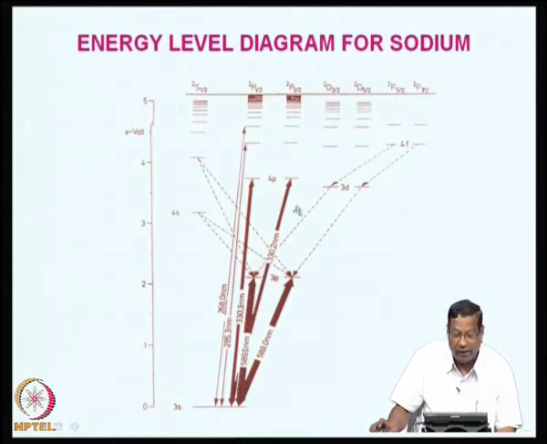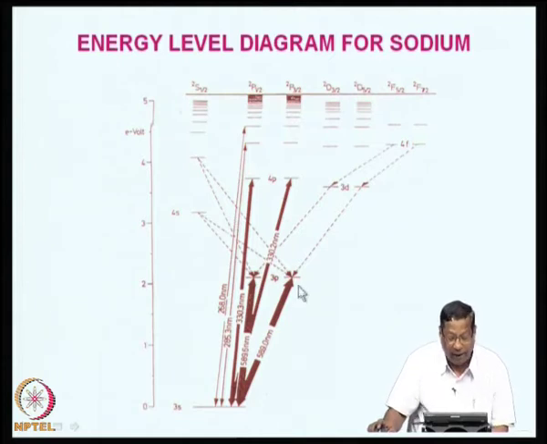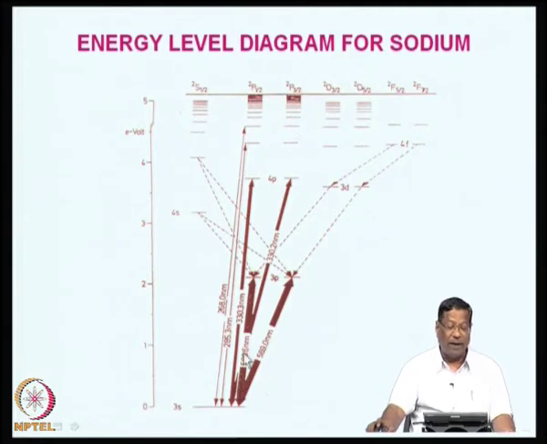So, like that you can see that most of the excitations are starting from the ground state to higher energy states up to this, and then here, and then 4p state, 3d state etcetera, 4f state also, and all these transitions are coming back to 3p and then falling back, because I am showing all of them as reversible reactions.